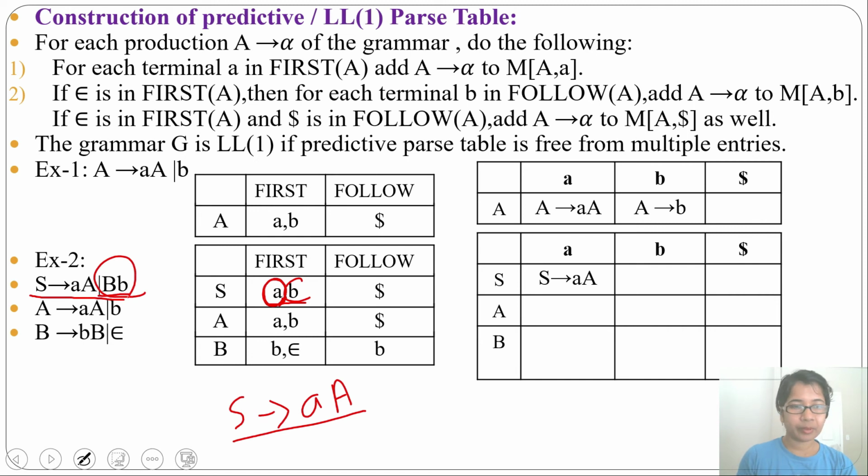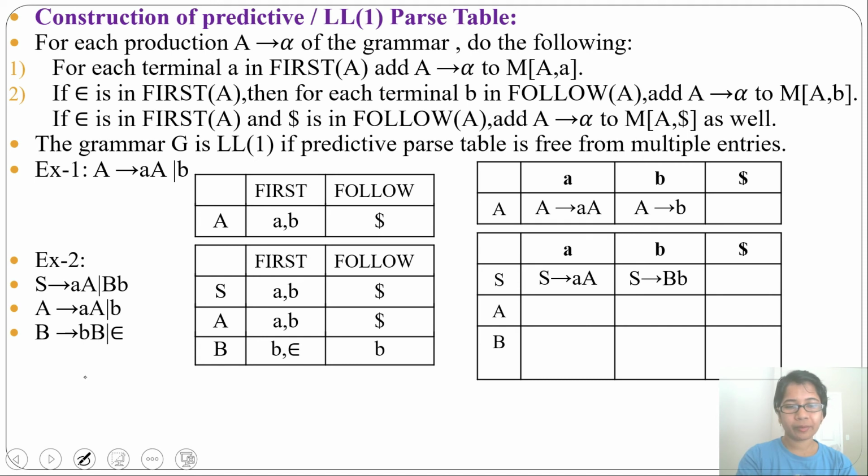So we'll keep S derives bB below the b column. Next, what is first of A? First of A is a and b. We got a due to this production aA. Just keep A derives aA in the a column. Then we got this b as first due to this production. So just write down A derives b in the b column.